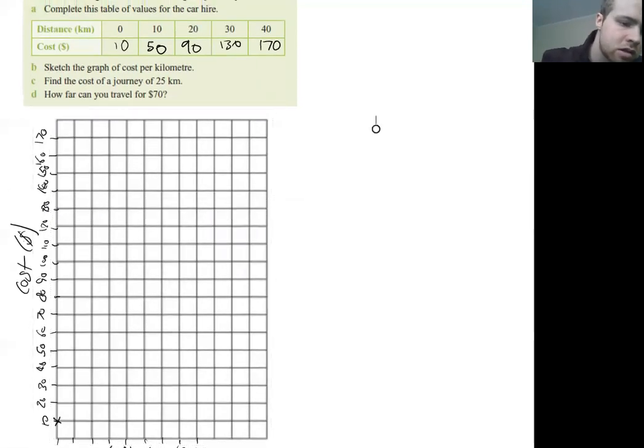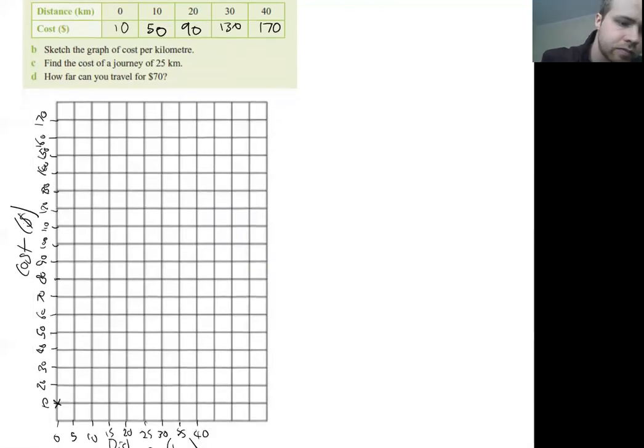So we go up from 10 and we find 50. We plot our point. At 20, we're going to go up to 90. So there's our point there. At 30, we're going up to 130. And then at 40, we're going up to 170.